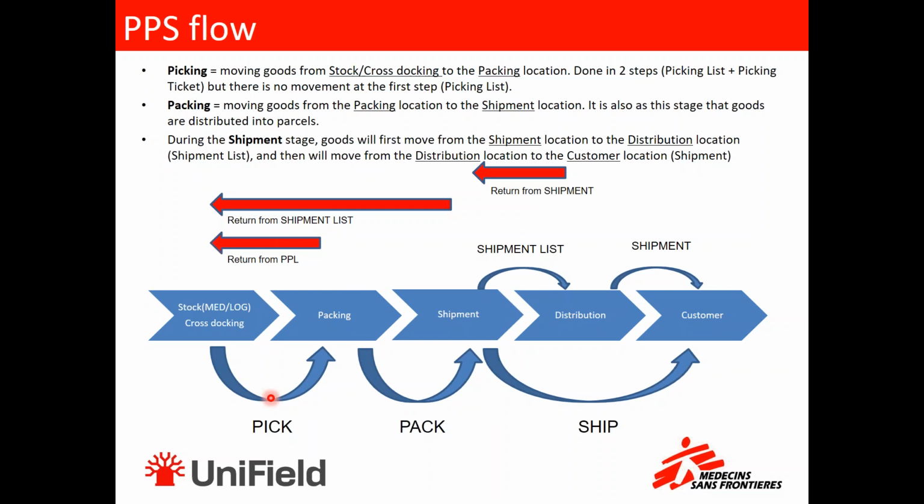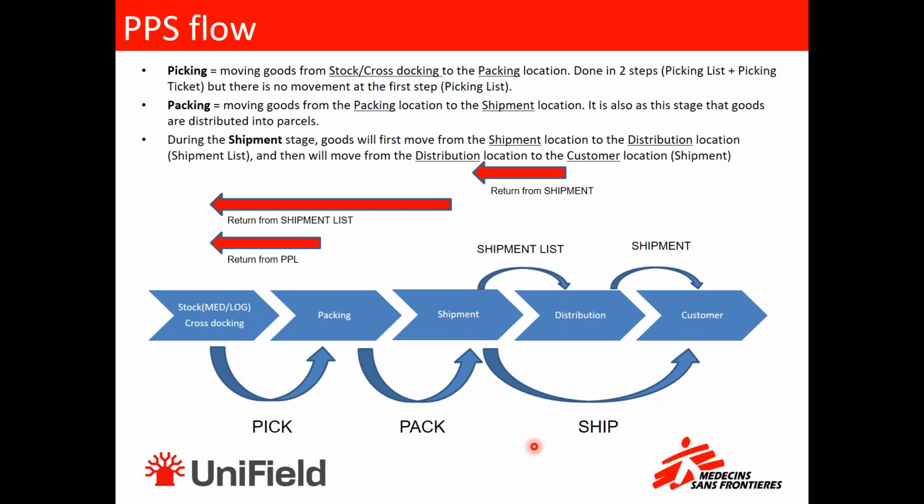That's a nice trick. So now we are entering a pick, pack, ship flow, and I will explain briefly, as much as I can, how it is actually working. I explained that with the simple out we have one step, while with the pick, pack, ship we have 3 steps. The picking, which is symbolized here below, the packing, and finally the shipment.